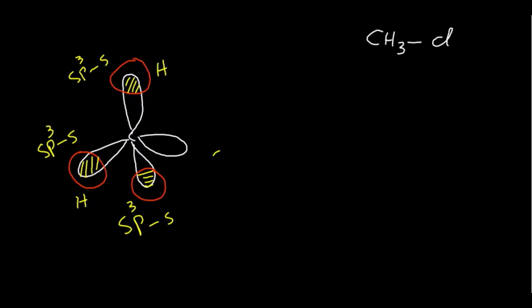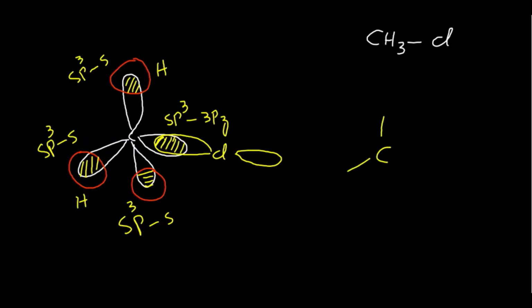Here we have chlorine, this is the 3pz orbital of chlorine, and here we have overlap. We get the sigma bond, sp3-3pz, right?